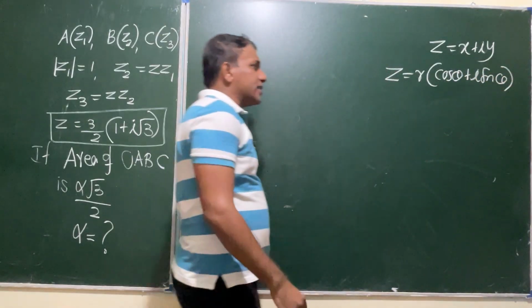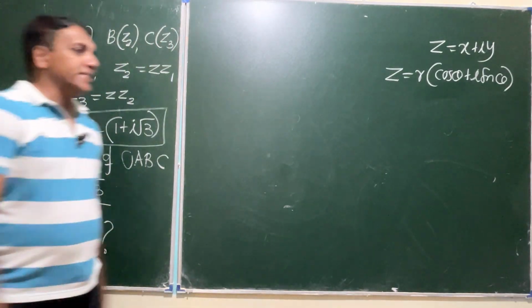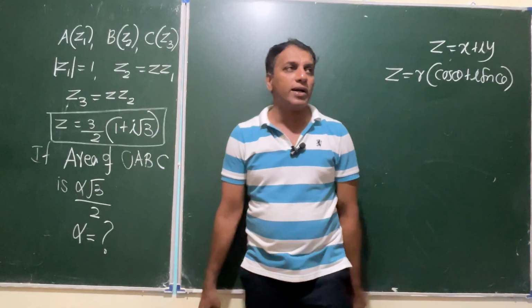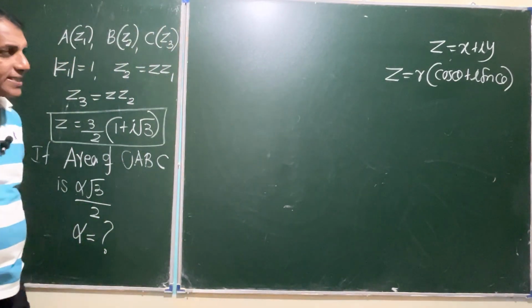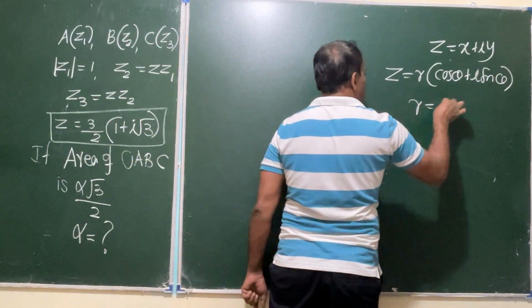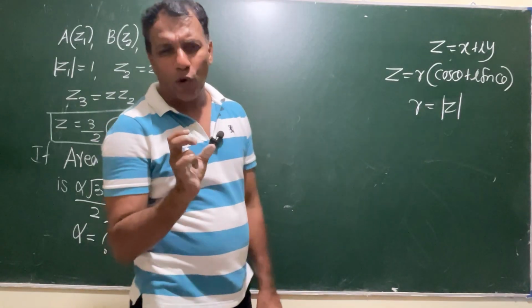It's the other way of writing the Cartesian form of the complex number. Here x is called the real part, y is the imaginary part. So here z equals r into cos theta plus i sin theta, where r is known as the modulus of the complex number, right? Absolute value, the number value only.